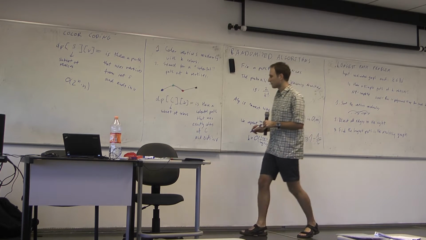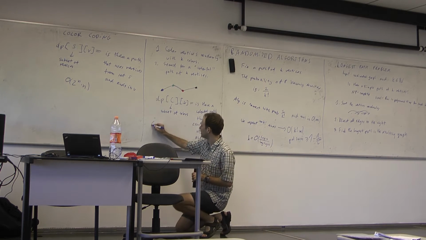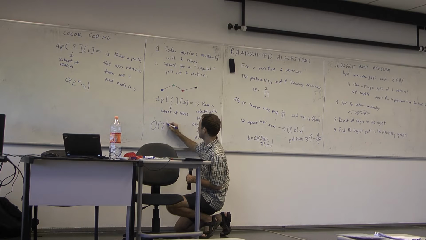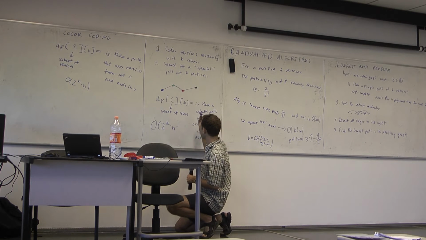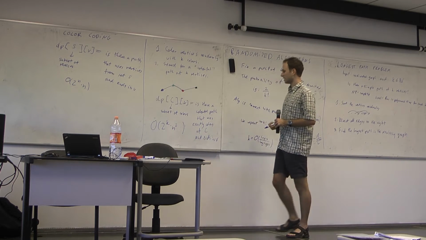The running time is: this has 2 to the k states here times n states here times, I guess, something like n for filling in the array. So we get 2 to the k times n squared time.